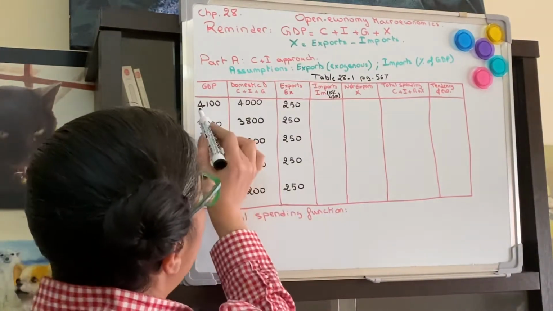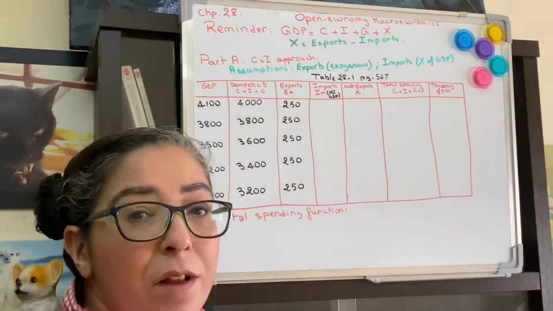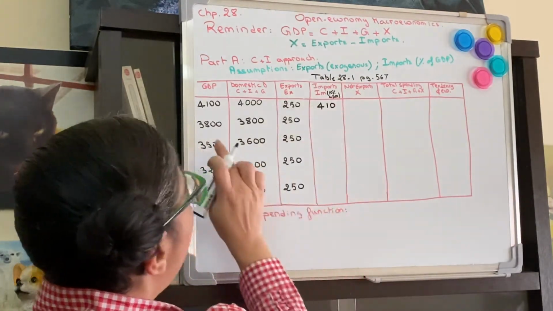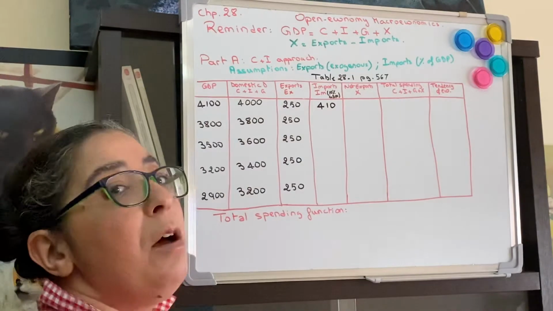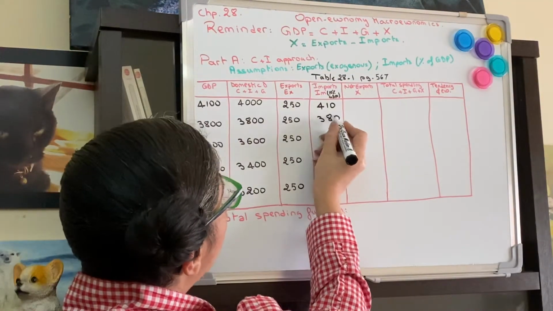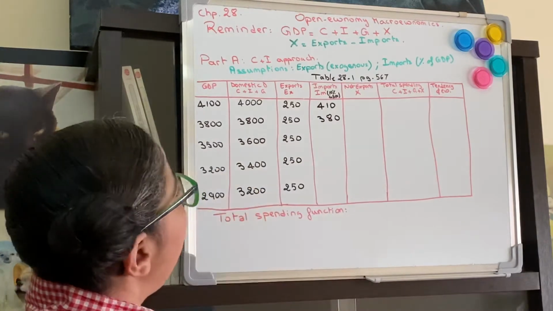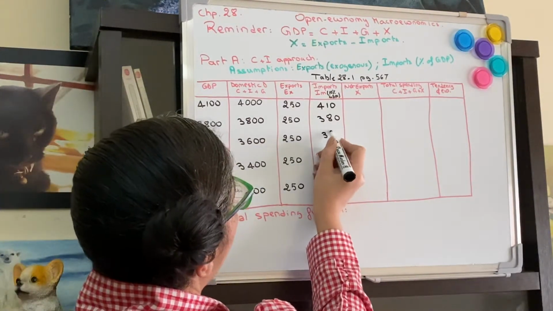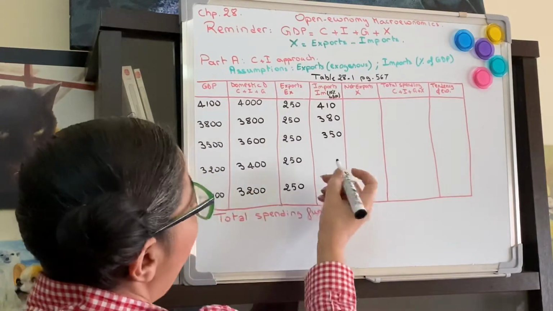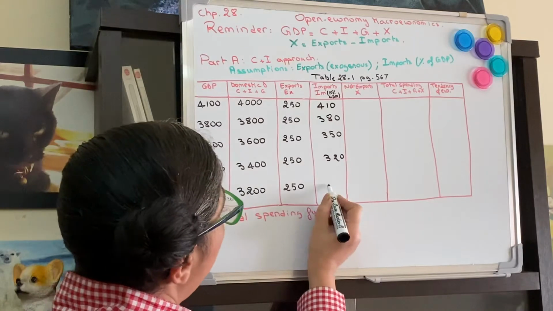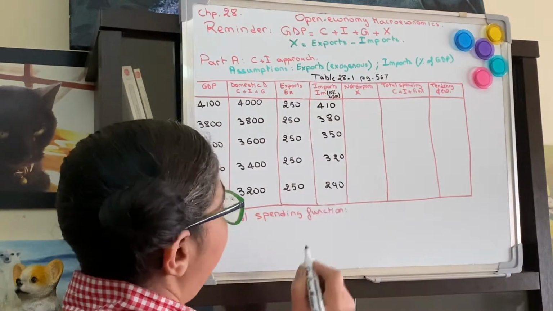So let's do it. 4,100 multiplied by 10%, that would be 410. 3,800 multiplied by 10%, 380. 3,500, it's gonna give us 350. So you know what to do. Let's do it quicker. And 290.